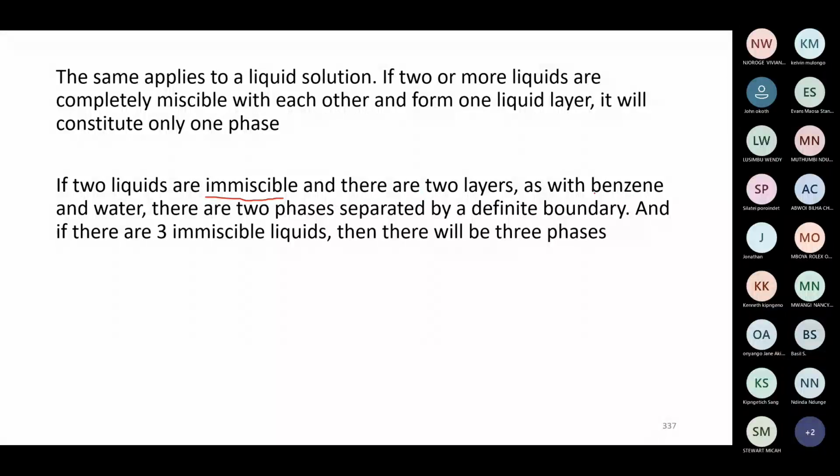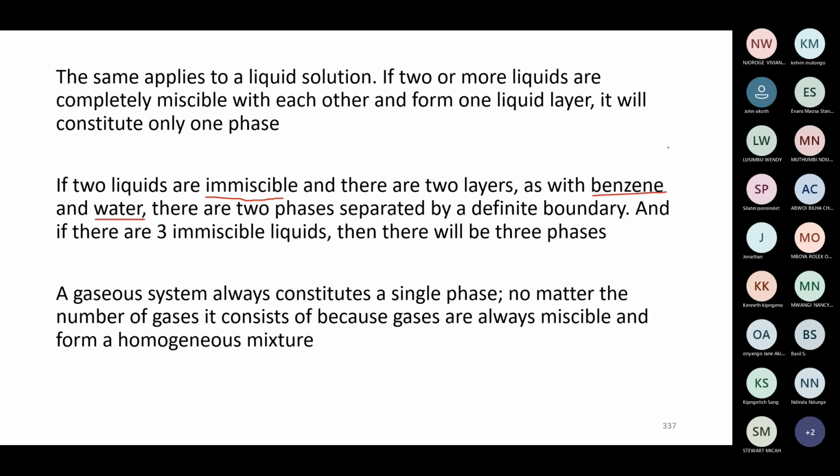For example, in the case of benzene and water, they are immiscible. So when you mix them, eventually you have two layers being formed. So in this case, there are two phases separated by a definite boundary, and you can see this with your naked eye. And if there are three immiscible liquids, then there will be three phases in that case.